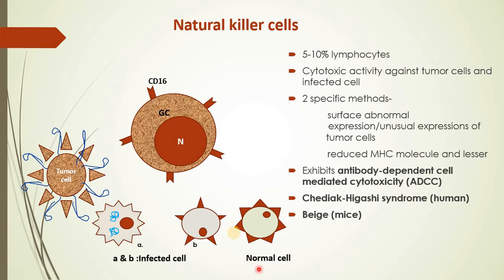Concentrate on this picture, wherein I have shown a normal cell showing the presence of a specific type of receptor molecules on its surface, right? If you compare this normal cell with the tumor cell, the first thing you can see is the variation in size. Tumor cells happen to be larger in size as compared to the normal cell.